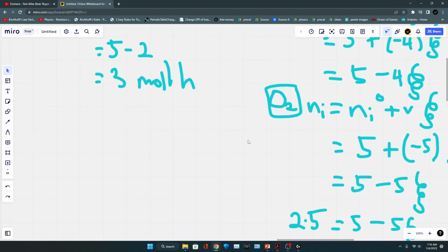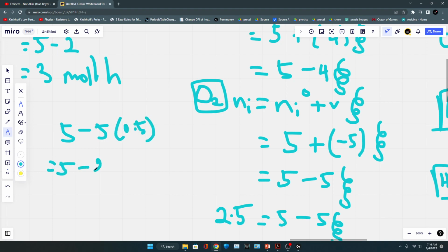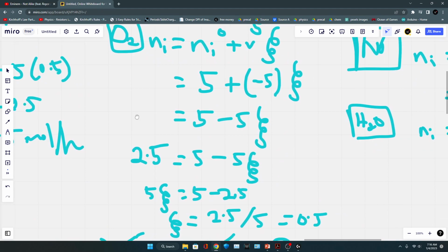For oxygen, 5 minus 5 multiplied with 0.5, so 5 minus 2.5, so 2.5 moles per hour of oxygen is coming out in the outlet stream.